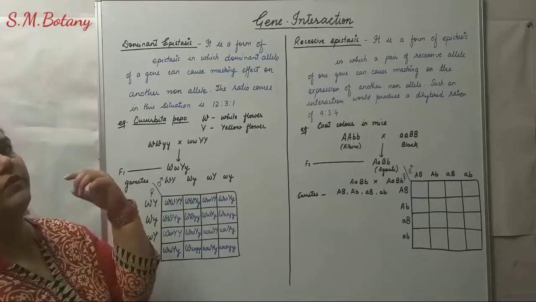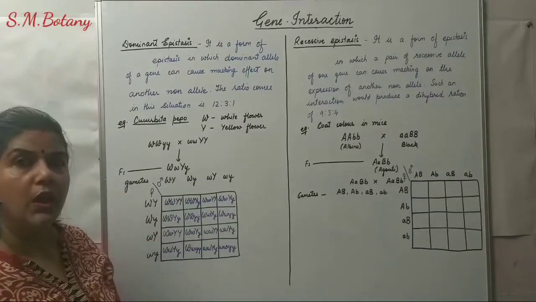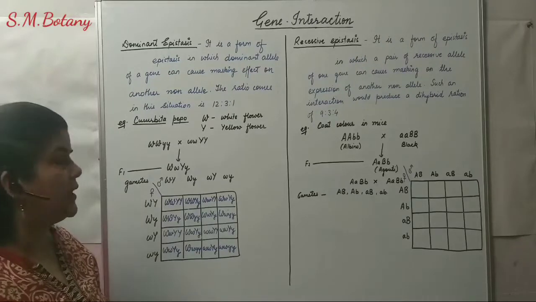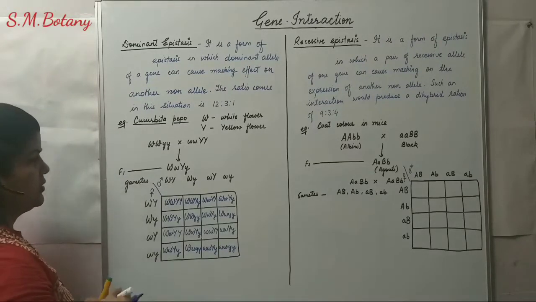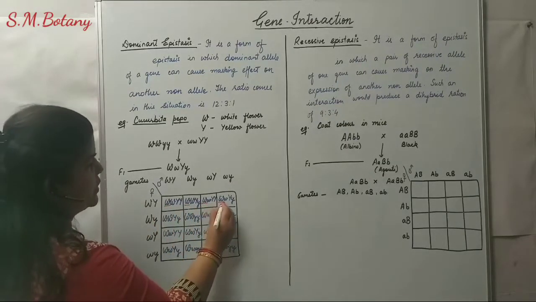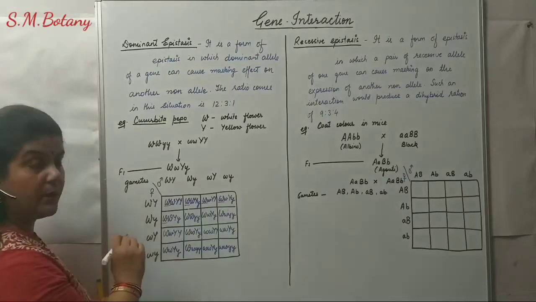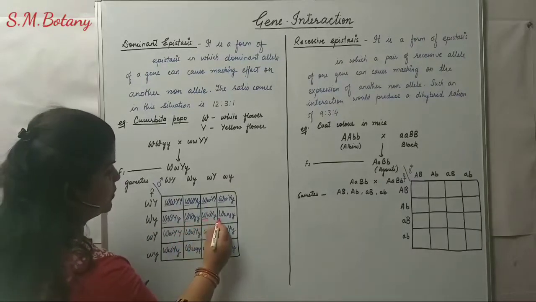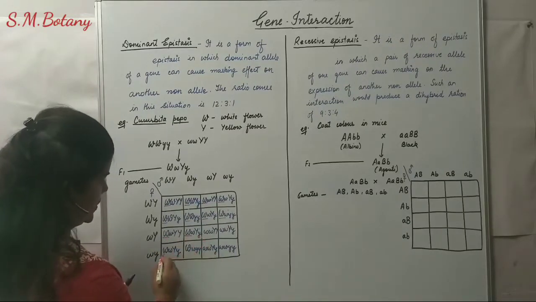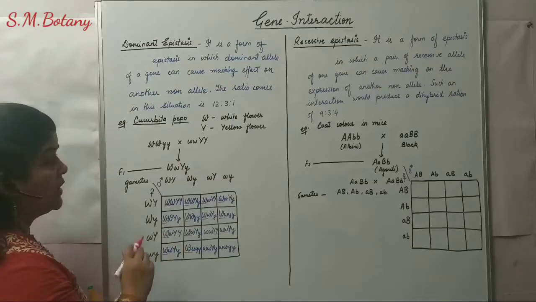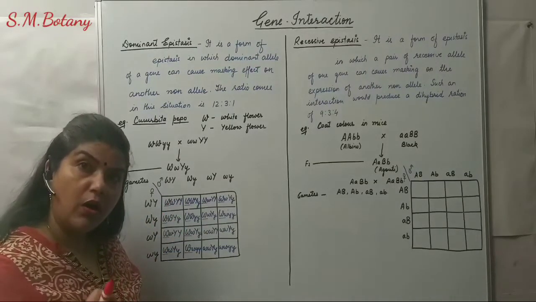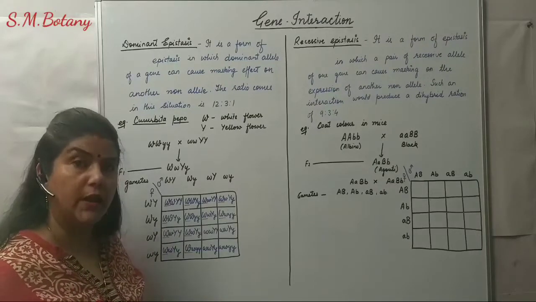Now we check only capital W. If the offspring have capital W, it means it shows white color. Here is capital W. Now again capital W. Here is capital W. It means where capital W is present, the offspring will show white color.